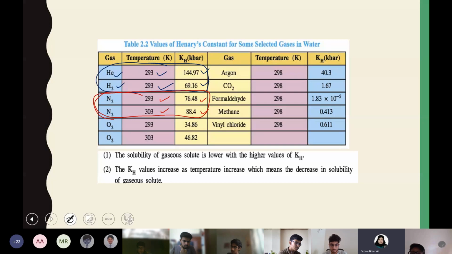If you change the temperature for the same gas, the KH value still changes. This is just an explanation of what you have written in the previous slide, that KH depends on the nature of gas as well as the temperature. Even for the same gas, you can see in the next two rows, oxygen, the same oxygen gas but at two different temperatures, the value is different.